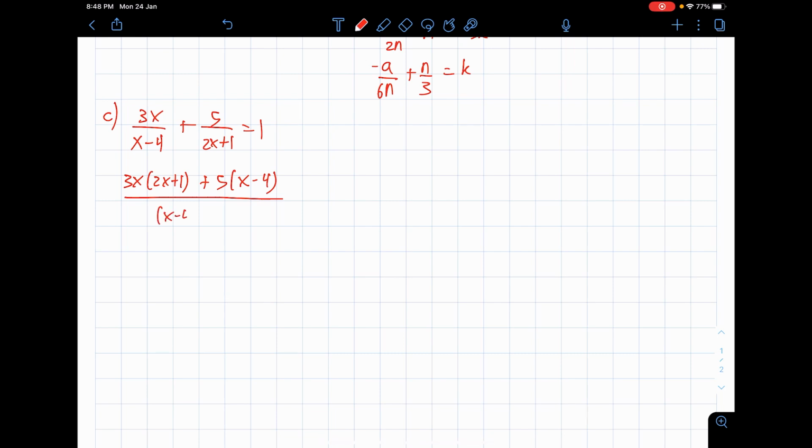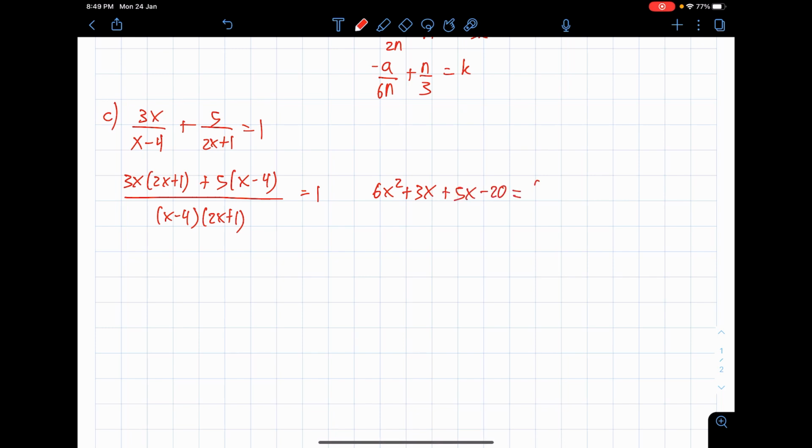Then together, they have the same denominator like this. Alright, the next thing to do is to cross multiply. I can solve the numerator also meanwhile. So I multiply the brackets first. 3x times 2x plus 1 will give me 6x squared plus 3x. And then the next is 5x minus 20.